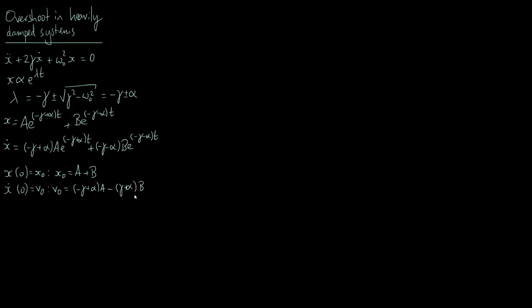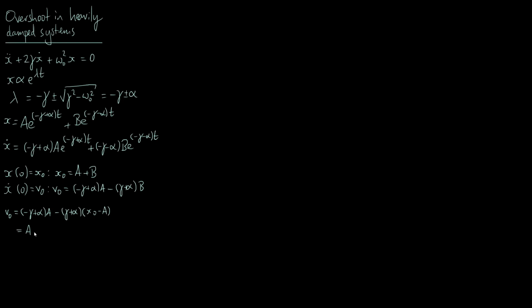Now we have two simultaneous equations for a and b, which we can solve to find the values of a and b. I'm going to do that by substitution. If I take the second equation, I've got v0 is equal to minus gamma plus alpha a, and then I've got minus gamma plus alpha, and then b from the first equation is equal to x naught minus a, so I can just put x naught minus a there. Then let's collect some terms together.